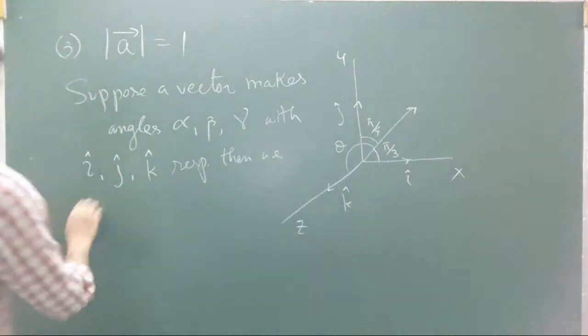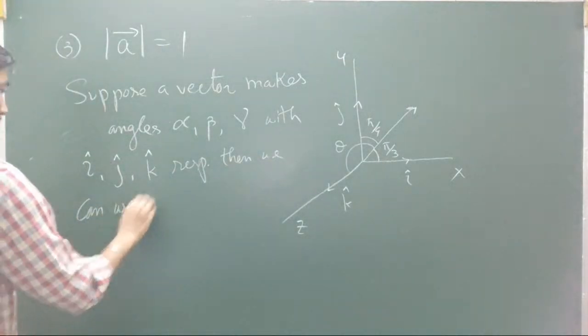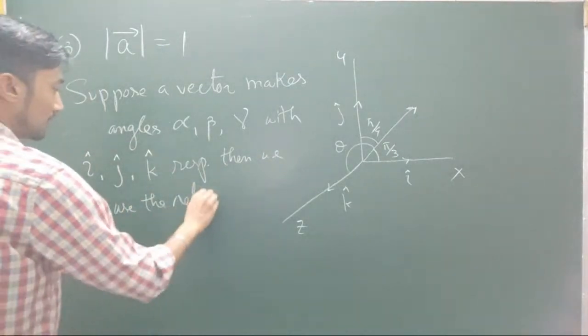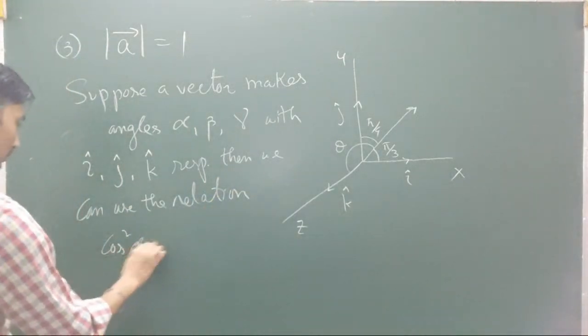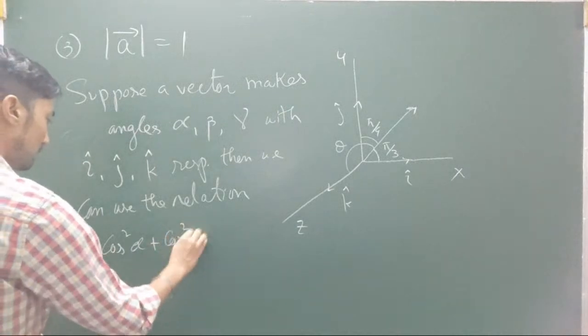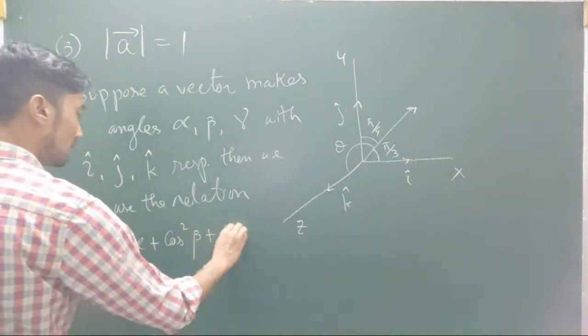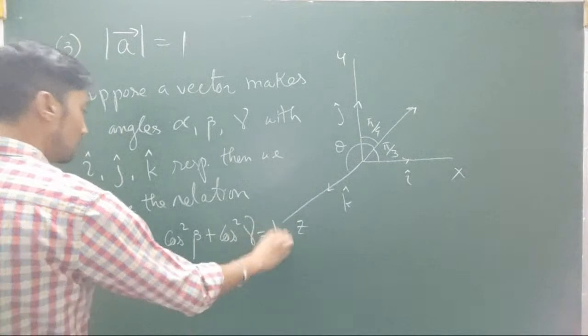Then we can use the very helpful relation: cos square alpha plus cos square beta plus cos square gamma is equal to 1.